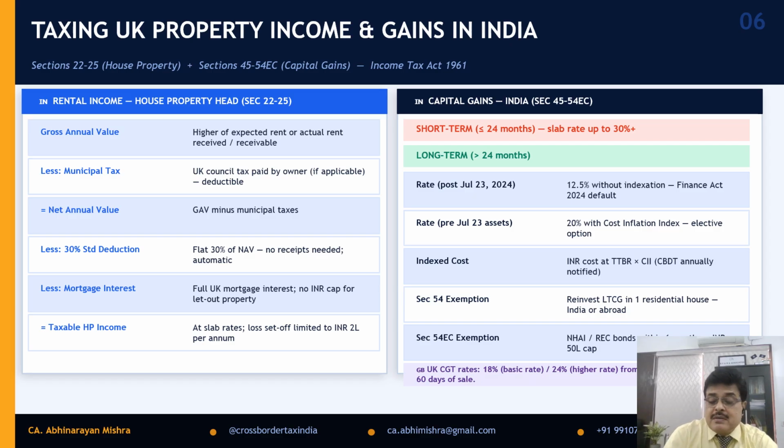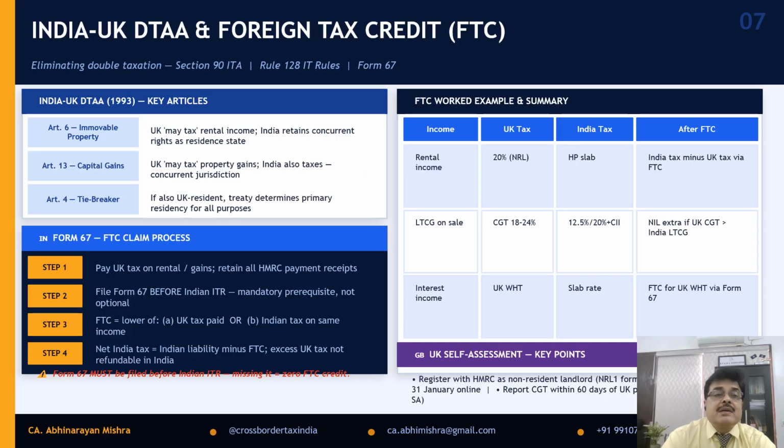Going forward, let us look at the India UK DTA and foreign tax credit. Since both countries tax the same income, the India UK DTA provides some relief through foreign tax credit. So pay your UK tax, file Form 67 here in India before your ITR.